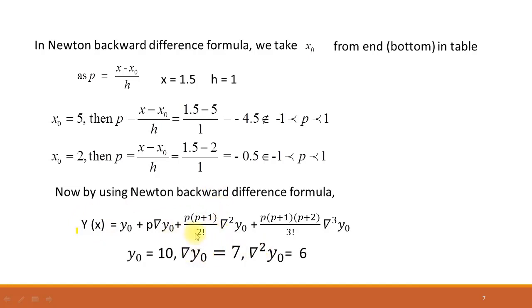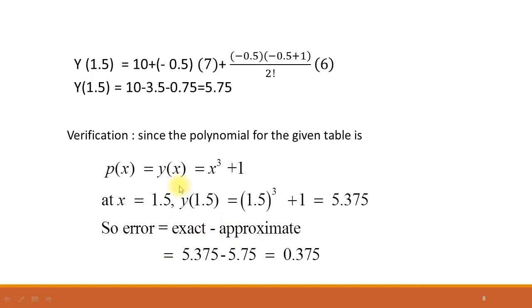So putting these values in the formula, we get y at 1.5 is equal to 10 plus minus 0.5 into 7 plus p into p plus 1, that is minus 0.5 into minus 0.5 plus 1, divided by 2 factorial, and this is the value of del square y naught, which is 6.